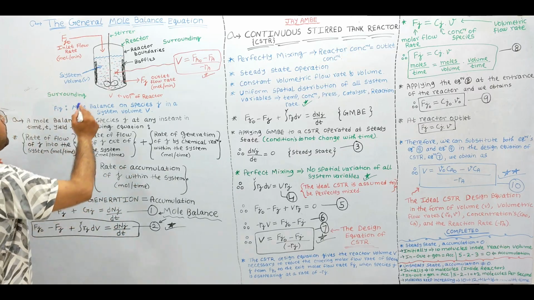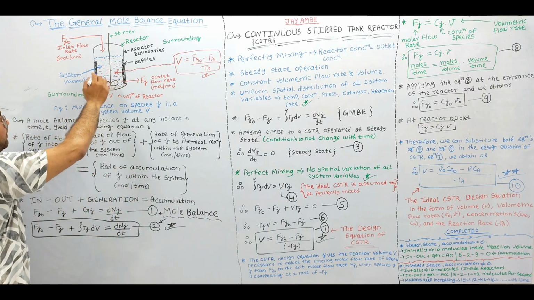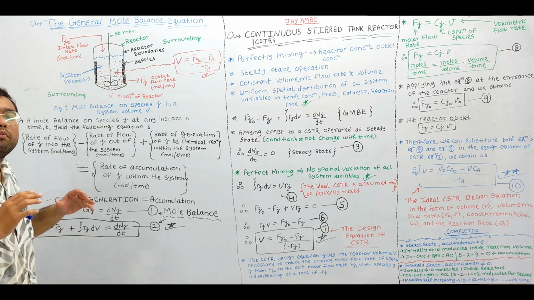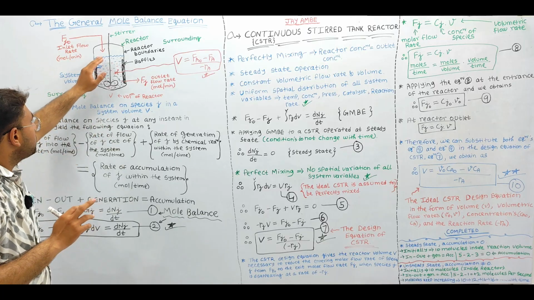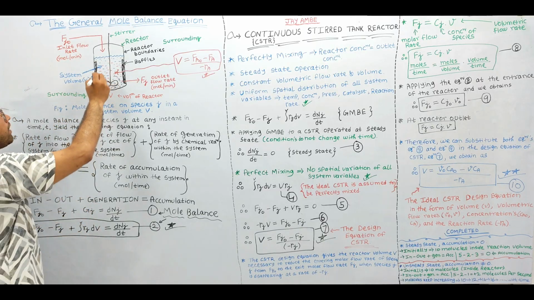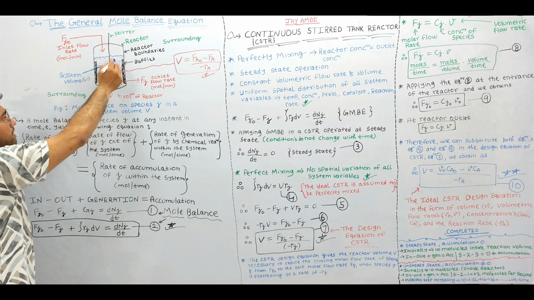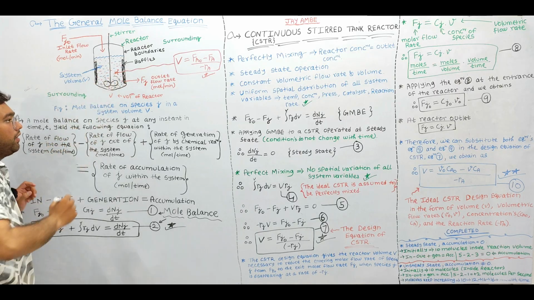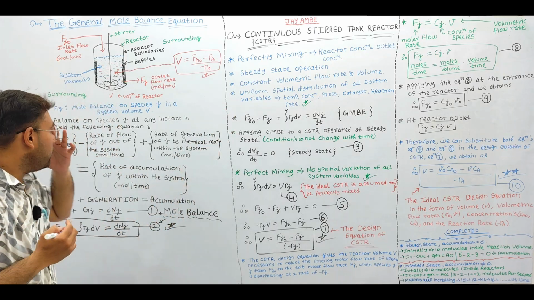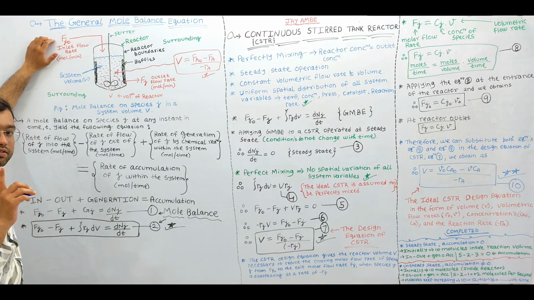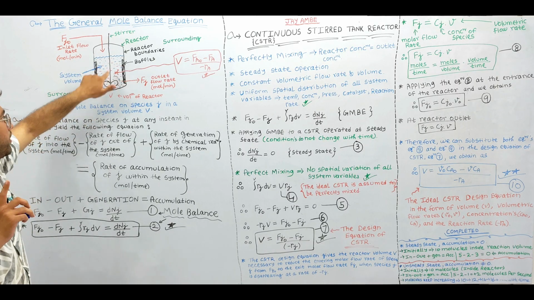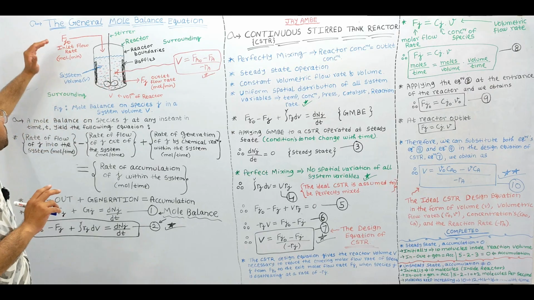Let's say in our reaction environment, initially we have 10 molecules of A present. Now we are using a continuously stirred tank reactor, so we have a continuous inlet feed stream, a continuous outlet stream, and continuous mixing.